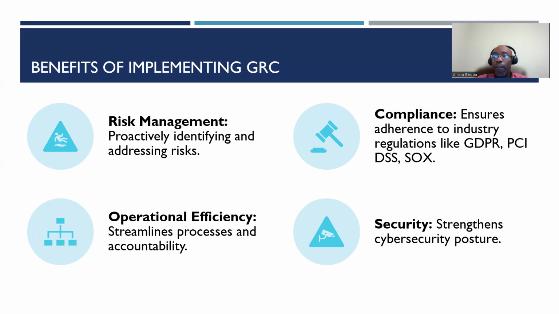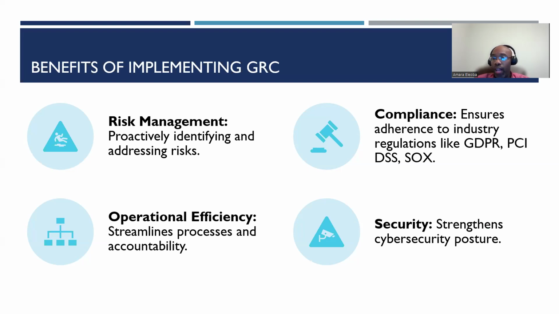Now, when it comes to compliance, it will make sure that your company or organization adheres to an industry regulatory framework or compliance, like PCI DSS. We also have what we call a cybersecurity framework, which can be ISO 27001, an information security management system.